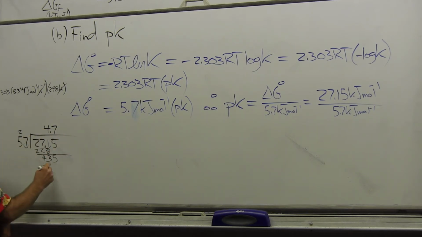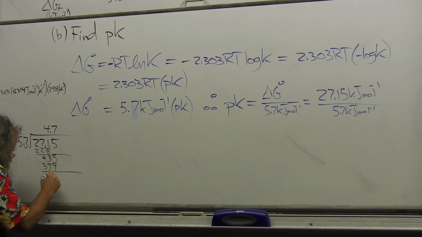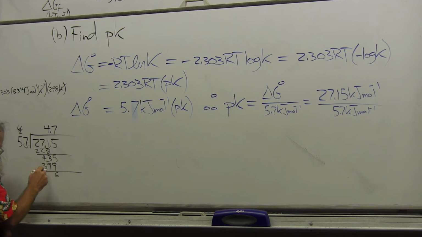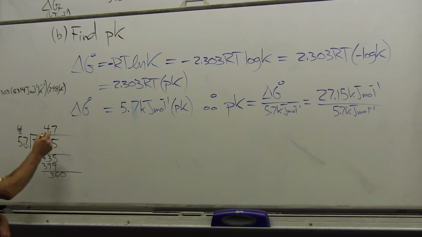7 times 7 is 49. 7 times 5 is 35, and 4 is 39. And then 15 subtract 9 is 6. 12 subtract 9 is 3. And 360. That's going to be a 6.